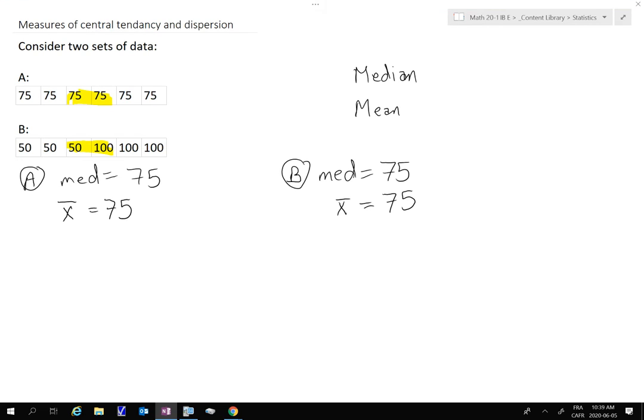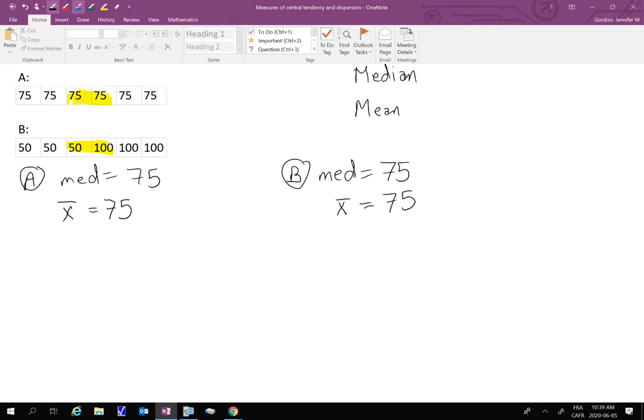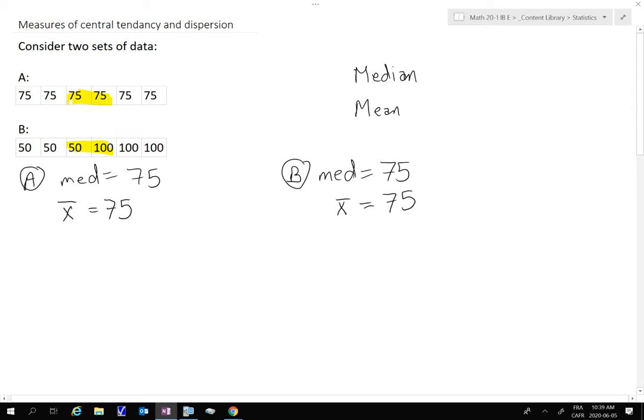Before we do that though, there are 2 different notations for mean that we're going to use interchangeably. They do have a slightly different use, although that detail doesn't matter in this course. There's the X with the bar over it, and there's the Greek letter mu. The first is for the mean of a sample. The second is for the mean of the entire population.